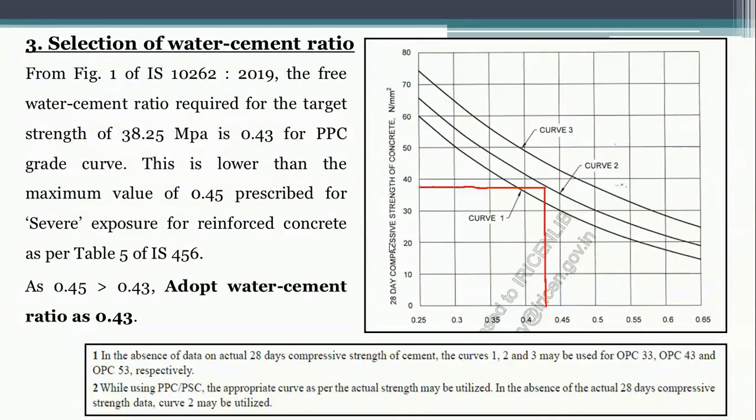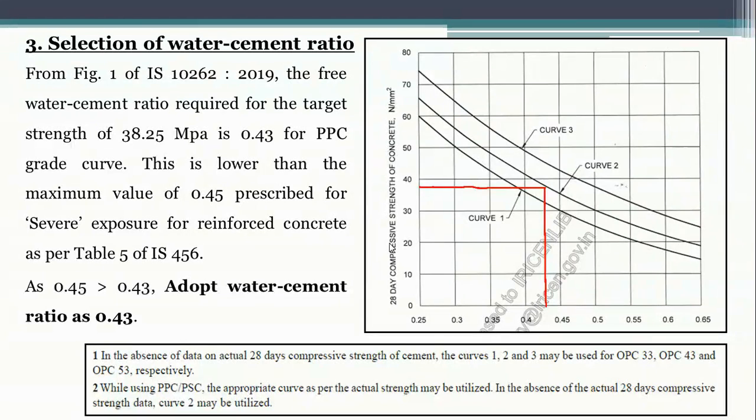So 38.25 is the target strength obtained from the first step. From the y-axis at 38.25, draw a line horizontally so that it touches curve 2, and then drop a line vertically so that it touches the x-axis, which is the water cement ratio. We have been doing it this way in the previous three problems. You can see the red line which I have drawn.